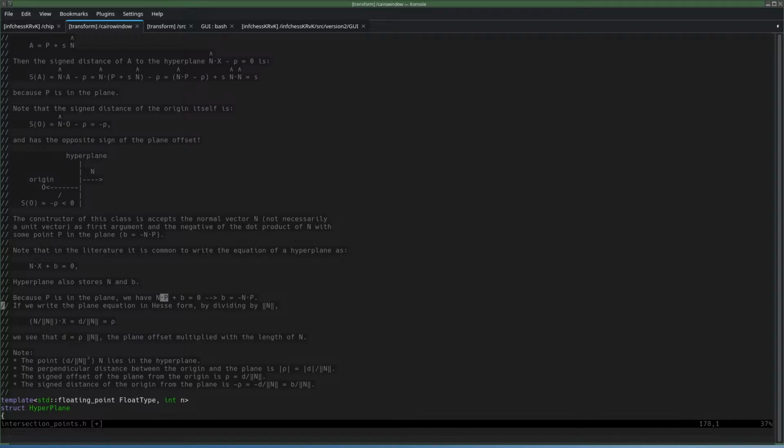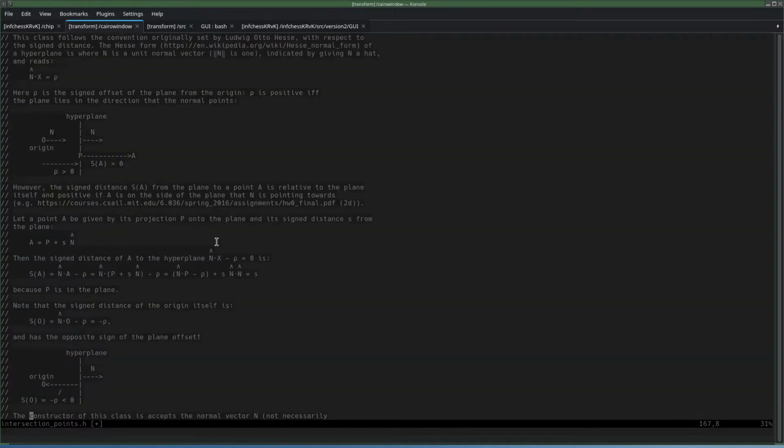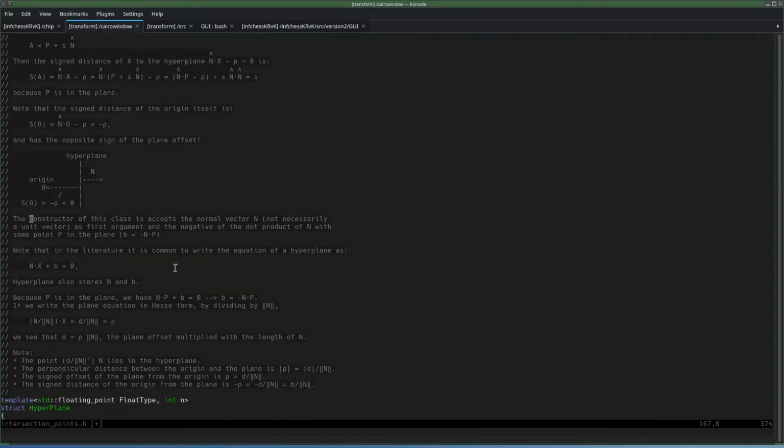If we write the plane equation in Hesse form by dividing by the norm of n, so we had n dot x equals rho. That is the Hesse form. I think I used it already, like here. But now we have n without a hat, and here.